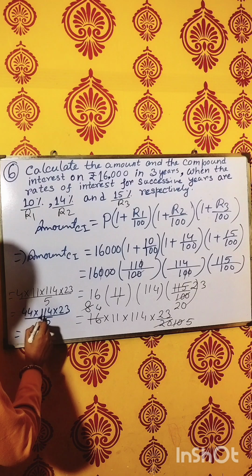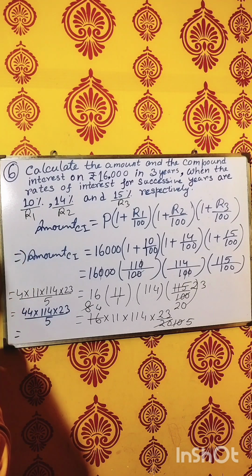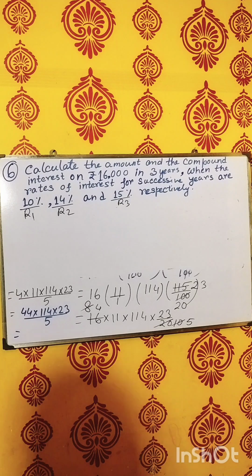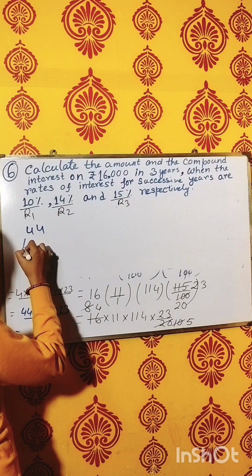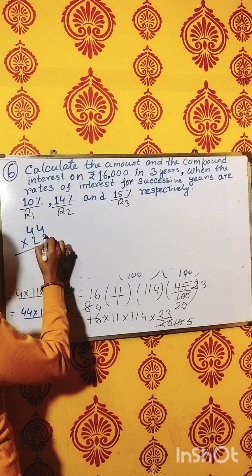Now we multiply 44 and 23. Okay. Now we can see that 44 multiplied by 23.